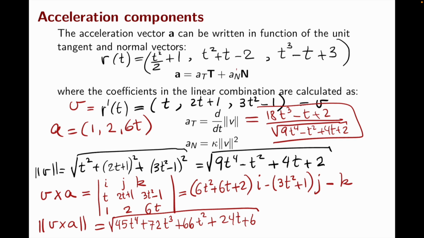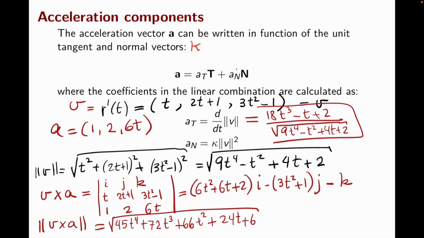And so the two things that we need to calculate the curvature are this and this, right? So the norm of the actual vector v. Let me remind you that the curvature is equal to the absolute value of v times a divided by v cubed.